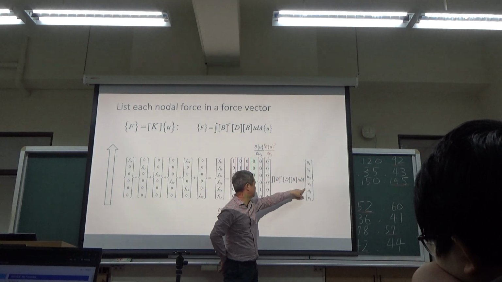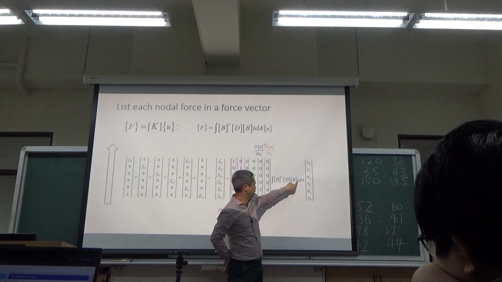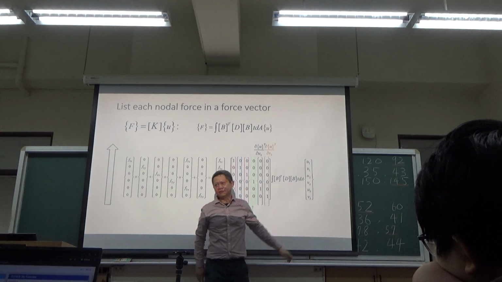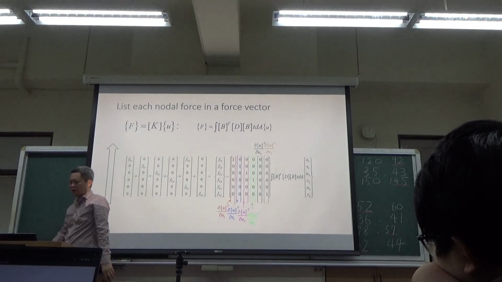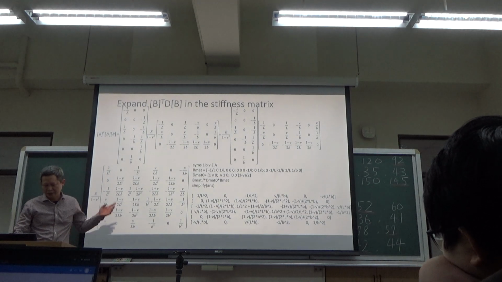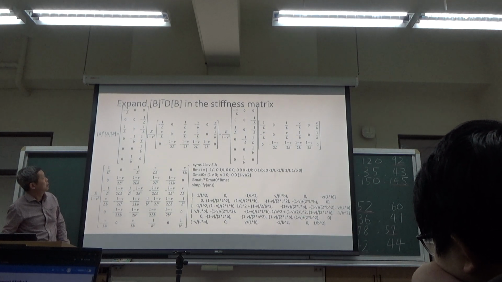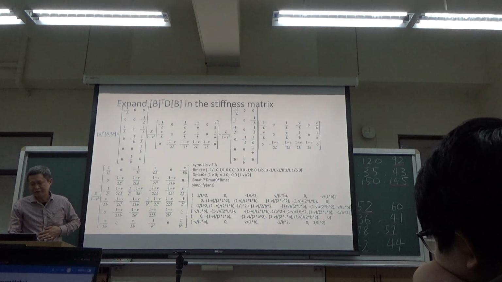This integral is B^T B, thickness over the area, times the displacement vector. And this is what we call the base for the stiffness matrix.